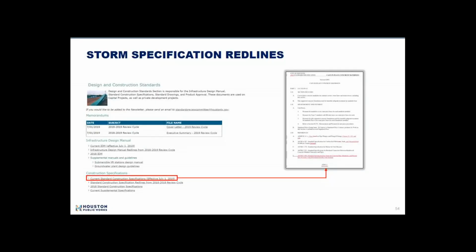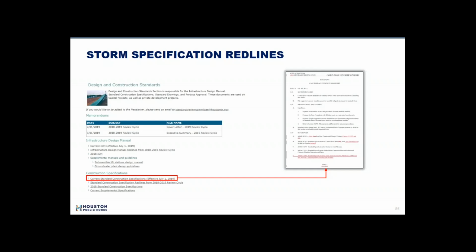If you would like to see the red lines for the specifications, they have been posted on the City of Houston Design and Construction Standards website. On there, you'll see a link that is highlighted below in red, showing where the specifications are located. Actually, the red lines are the second link under the construction specifications headline.